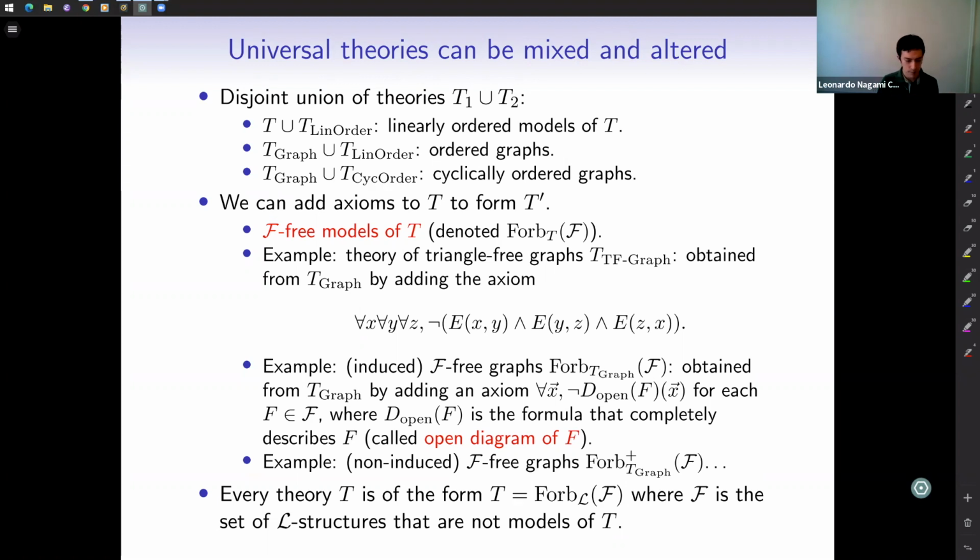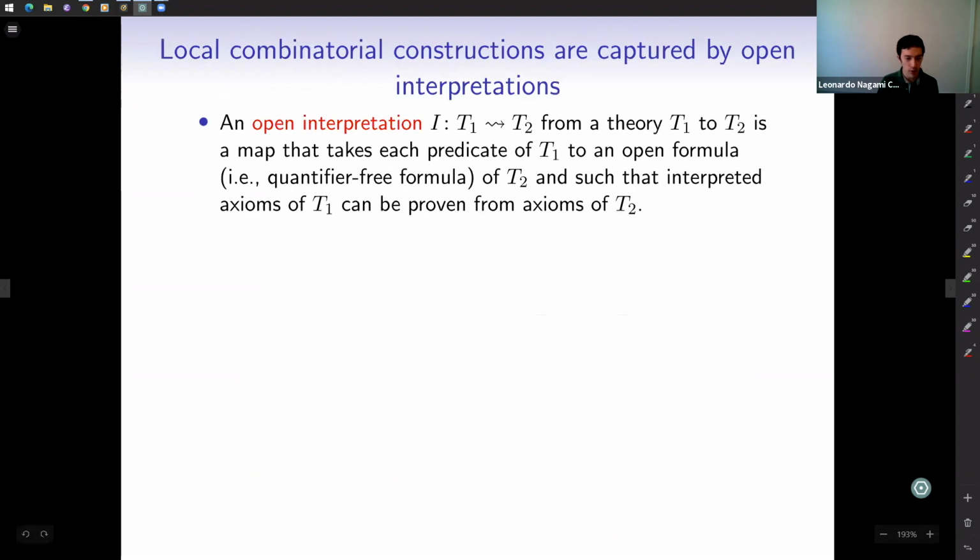Okay, now, before I proceed, I need to give you one last definition of model theory, and that is open interpretation. So an open interpretation is going to give you a way of transporting information between different types of objects. So here's the definition.